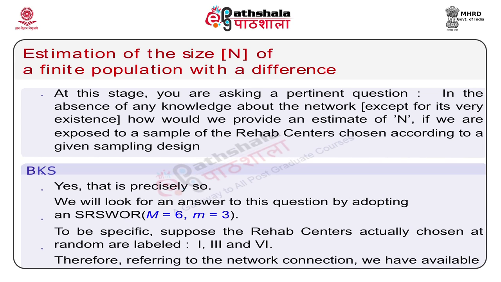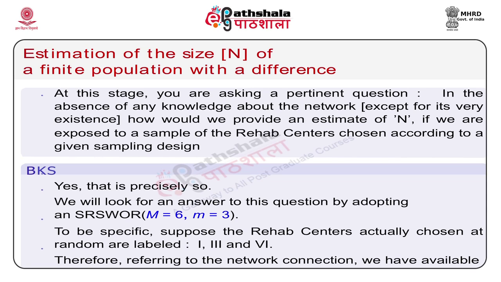Okay? We will look into an answer to this question by adopting without replacement sampling, for example. So, we think of selecting a sample of 3 rehab centers out of 6. To be specific, suppose I have done this random sampling and I find that my random sample captures the centers 1, 3 and 6, for example. Therefore, I refer to the network connection.